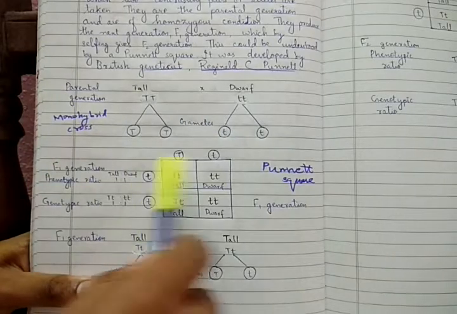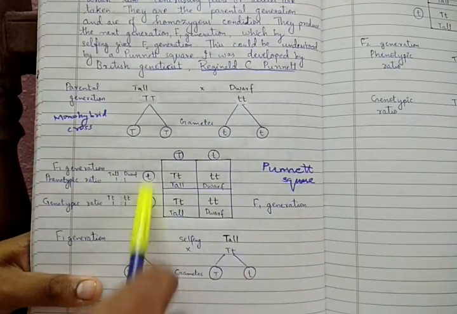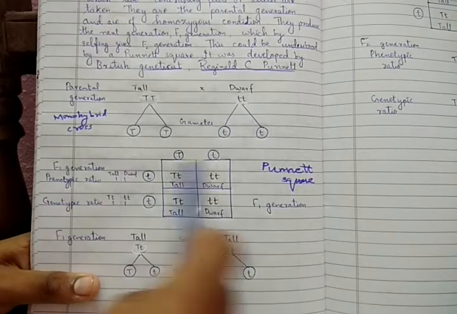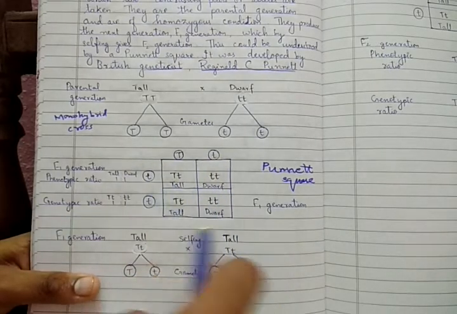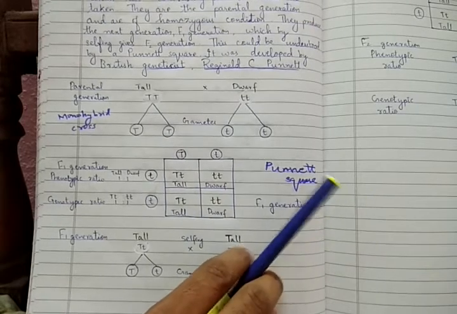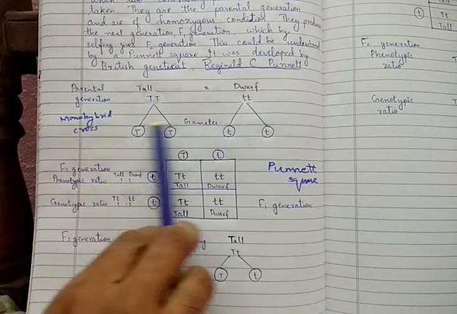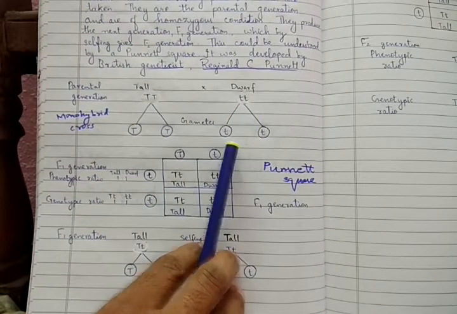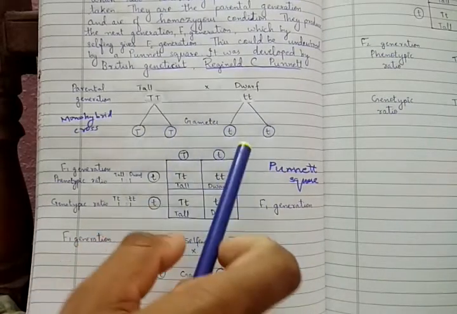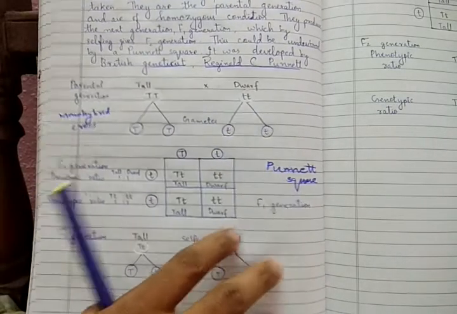Now we will arrange a 2 by 2 square. 2 by 2 means 2 rows, 2 columns. How can we understand that a 2 by 2 square will be made? We just take the number of gametes. There are 4 gametes, so definitely there will be 2 rows and 2 columns.